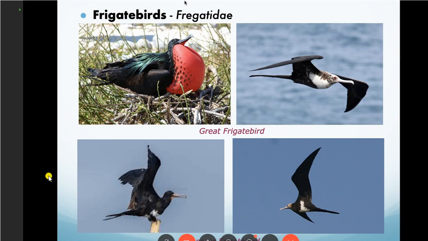In this case, they inflate the red pouch on the throat and try to look as attractive as they can. All the males sit on the nesting ground with inflated pouches. The females fly over them, and by looking at the attractiveness of the red pouch and the health of the bird, they choose their mate, which is quite an amazing courtship display.